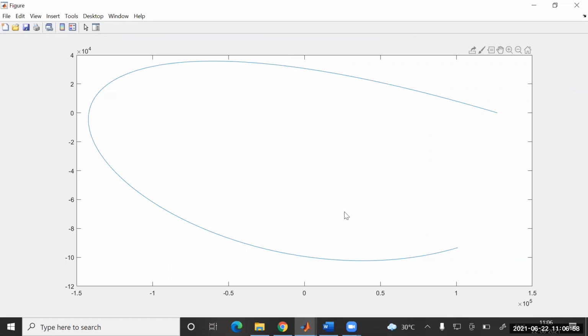The increment is very exponential. From this particular figure we can observe that as the line length increases, the incident voltage wave increases exponentially.